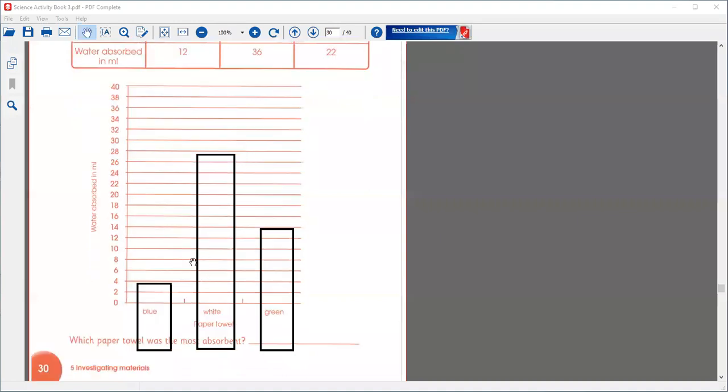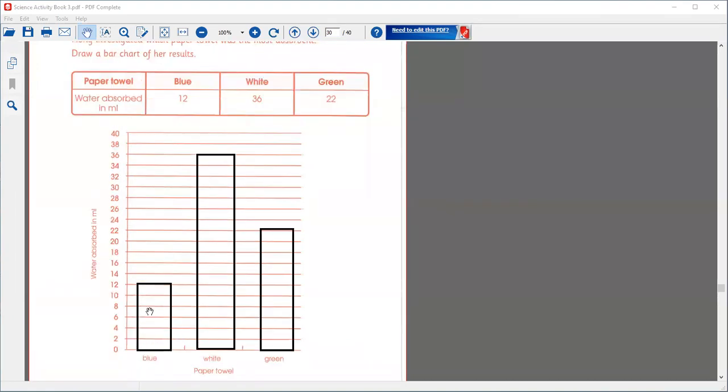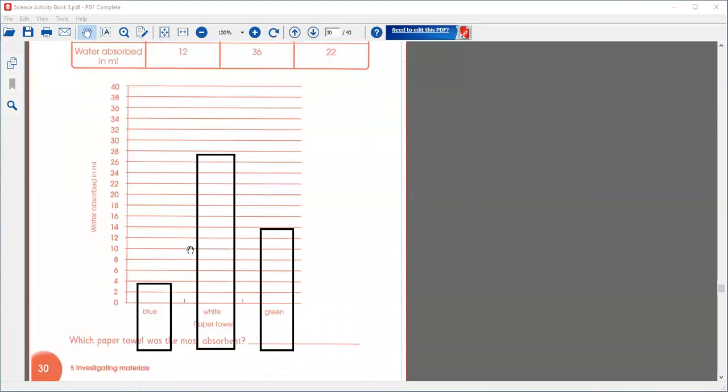After this, we have the question. Let us see the question. Which paper towel was the most absorbent? What do you think? Blue, white paper towel, or green? Which paper towel is the most absorbent? So you can see the big bar. The white paper towel was the most absorbent.